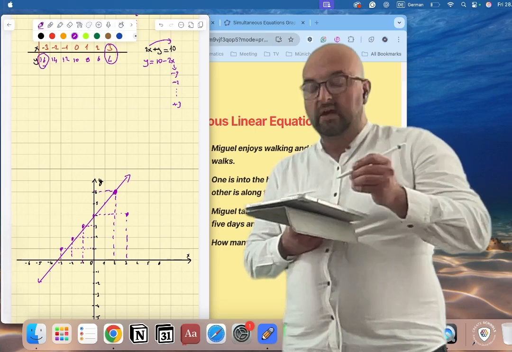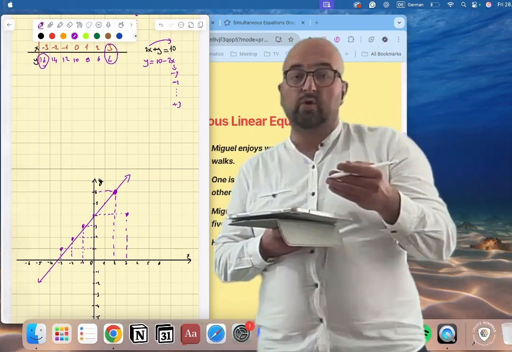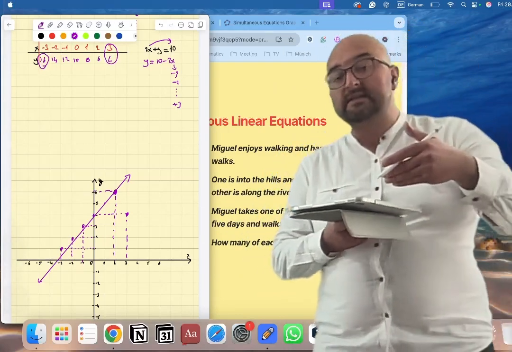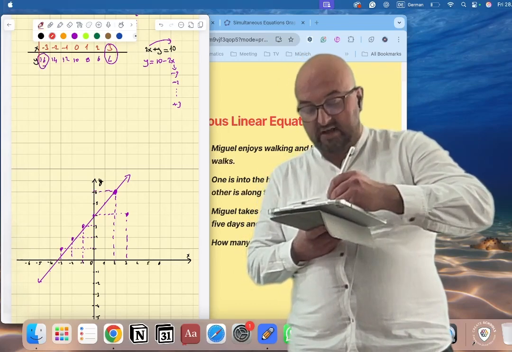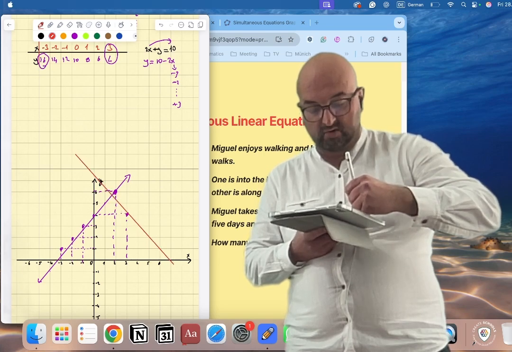As I said to you, finding 2 points is enough, so I don't need to find the rest of the points. For this reason, I can draw the second straight line here.